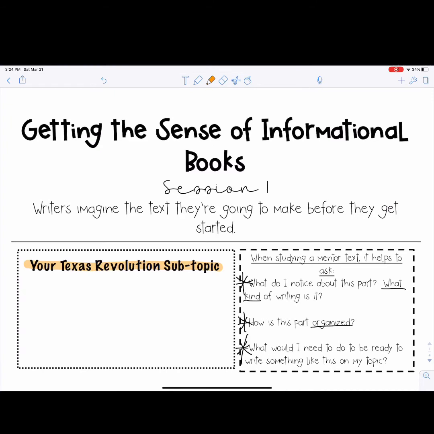This is the subtopic that you did all of your research on, the subtopic that you created your presentation on, that you spent all of that time in her class reading and researching on. So if that was your topic, what would you need to be ready to write this particular part of writing? We're going to dive into this a little bit more.